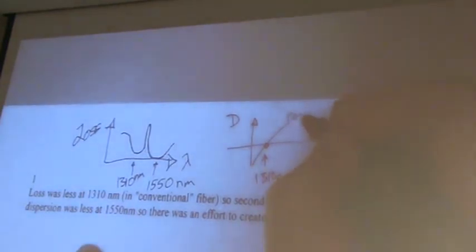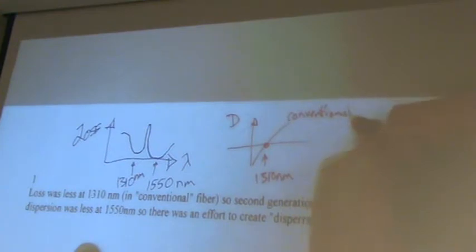So dispersion curve, the conventional fiber had its zero dispersion wavelength at 1310 nanometers. So they would have moved directly over to 1550 nanometers where loss was less, but the dispersion would have been terrible.